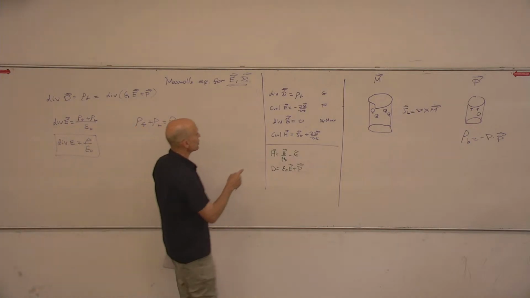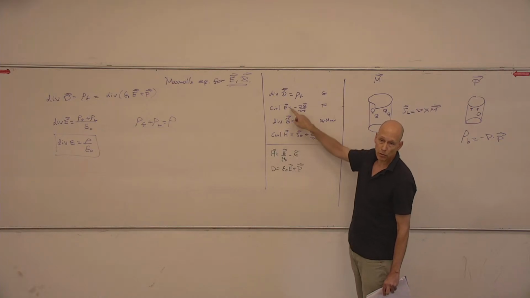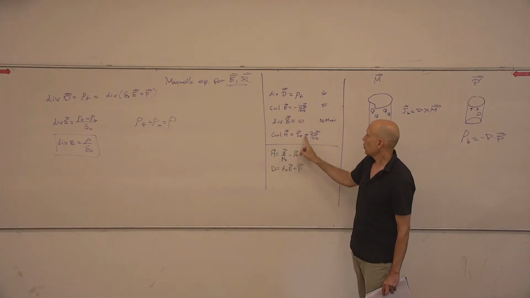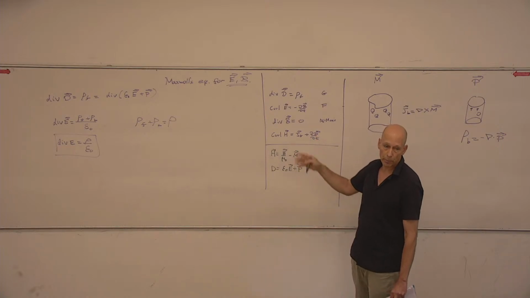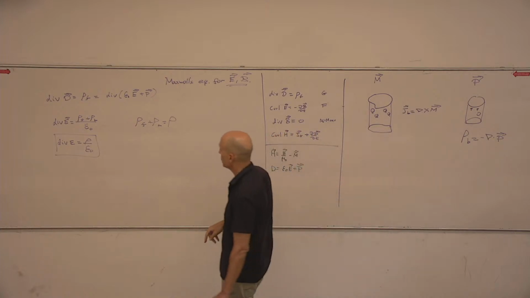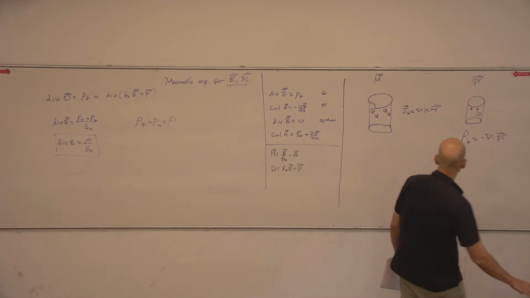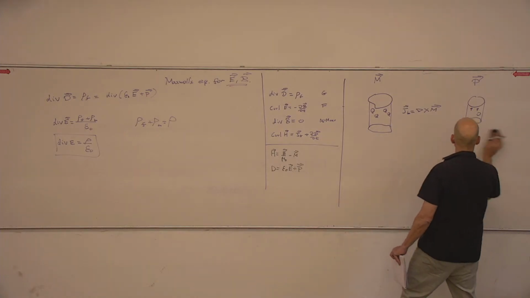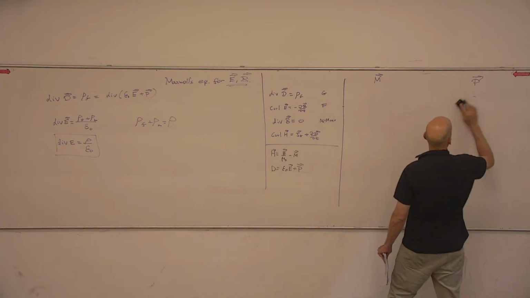Do I need to change this one and this one? The answer is of course not, because these already depend on E and B. So I only need to look now at the last one, the Ampere equation with Maxwell corrections, and see how it is formulated with E and B. Okay, so let us start writing it here.